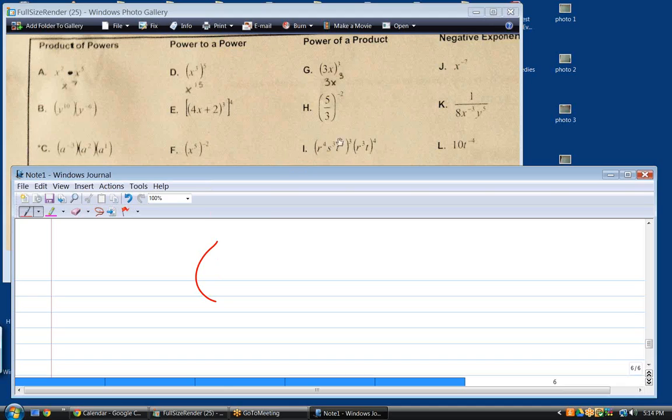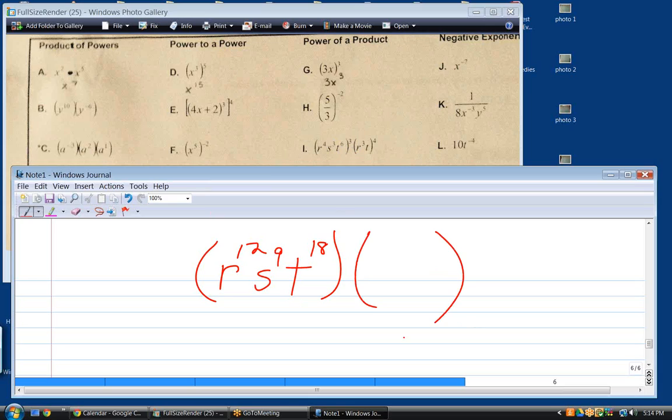We'll take them one at a time. We're doing double exponentiation, so what do we do to the exponents? So would it be r to the 12th, s to the 9th, and t to the 18th? That's the first part.